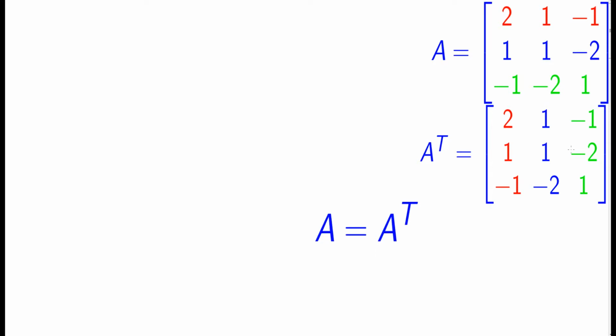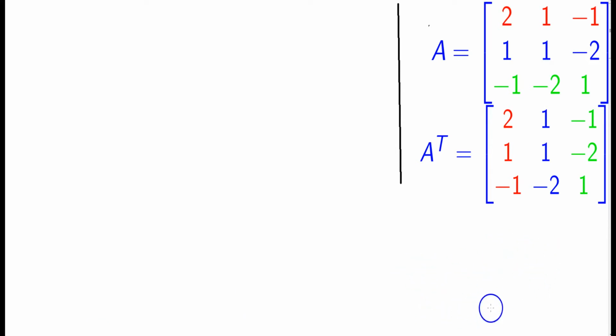As you can see here, A and A transpose are same. Therefore, the given matrix is symmetric. Since the matrix is symmetric, we can diagonalize the matrix using orthogonal transformation.